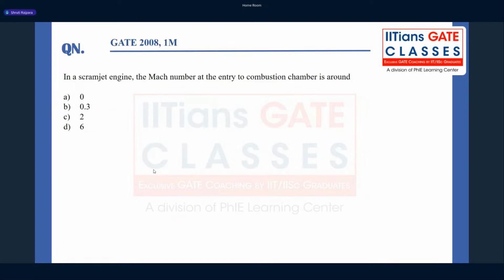So this was a previous year question that was asked. In a scramjet engine, the Mach number at the entry to the combustion chamber is around. Can someone answer?